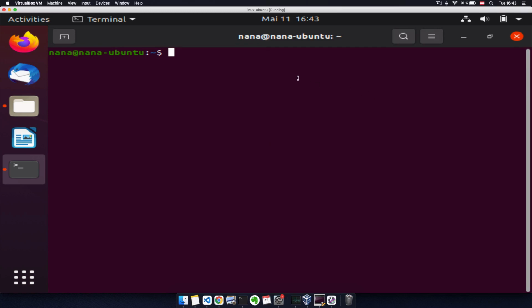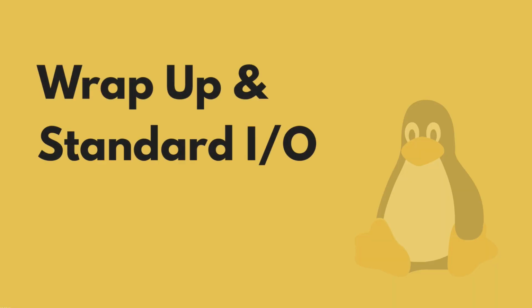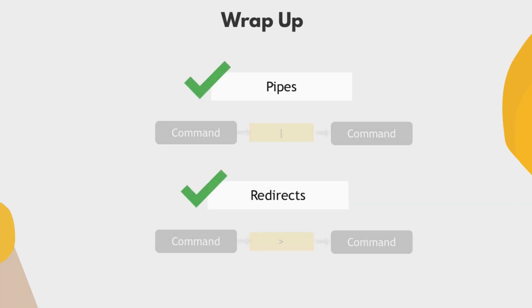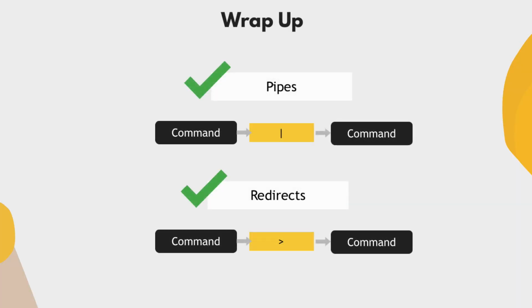So you can grab all these logs, filter them, and save them into a file, and you can either back them up or share with someone for troubleshooting, etc. So these are some of the use cases of using piping and redirecting concepts in Linux to combine multiple command executions and do something useful with it.